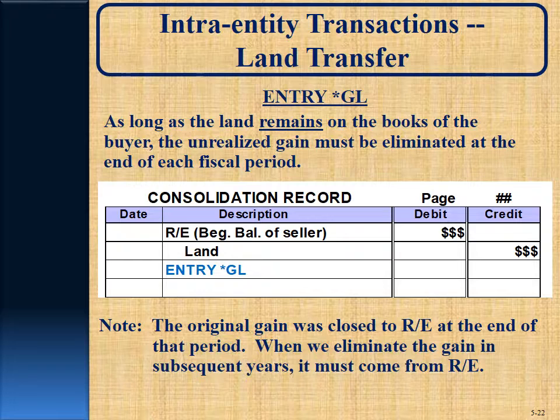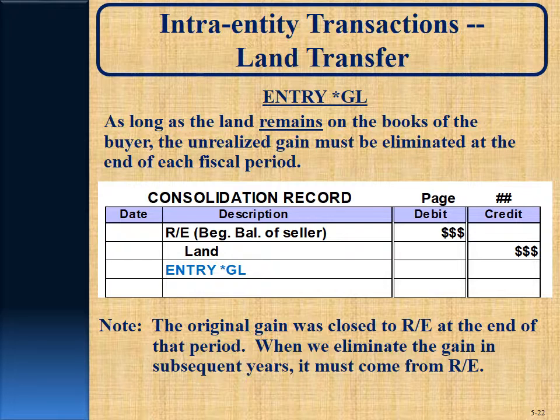Remember, individually they're going to record it, but in elimination we've got to remove the effects on their individual books so that in consolidation it's like the land was never sold. So in the first year, entry TL, page 221, that's what we do. We debit gain on sale of land, credit land for the initial sale.